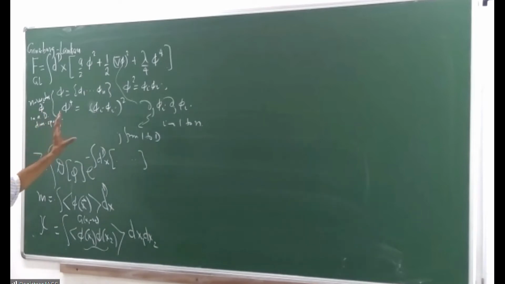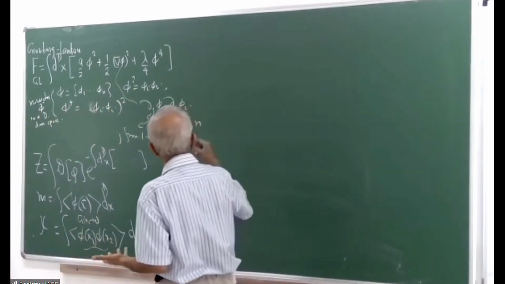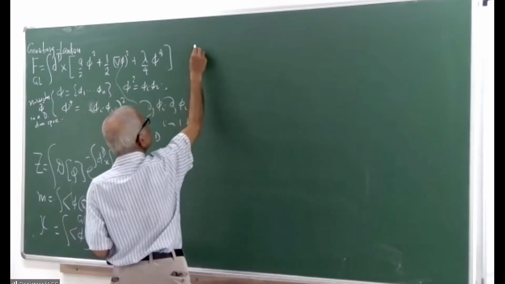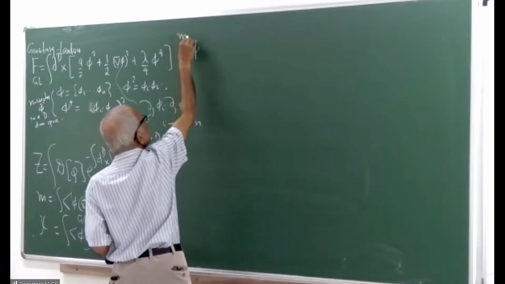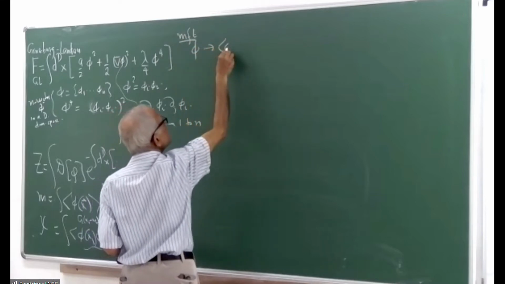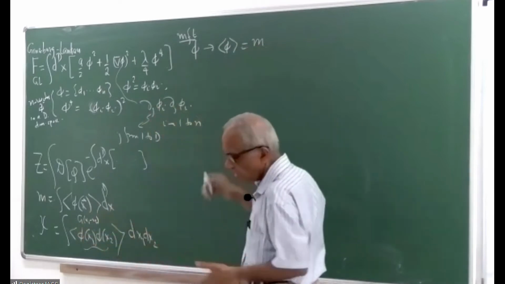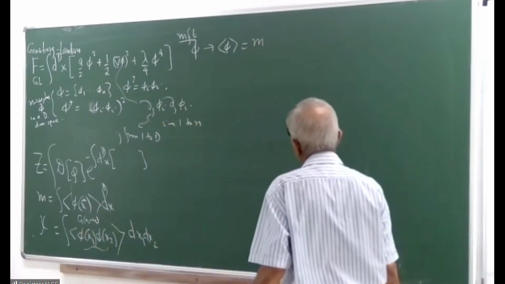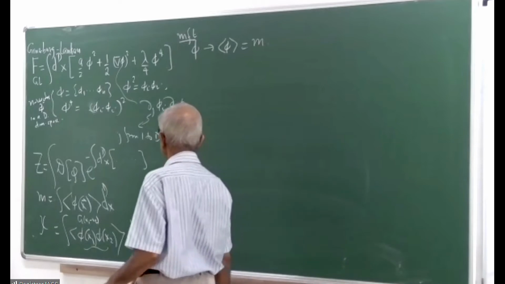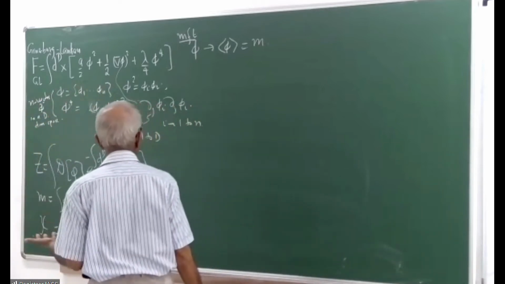Then we started on the mean field theory, where we replace phi by its expectation value, which is equal to m. Doing that, the free energy functional becomes trivial.